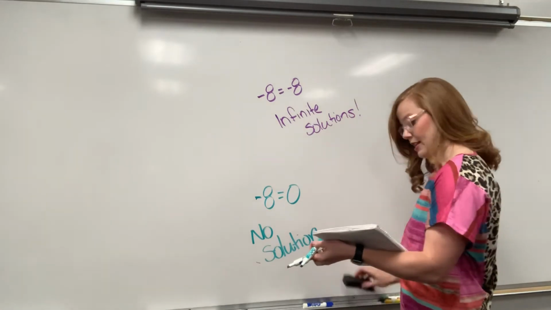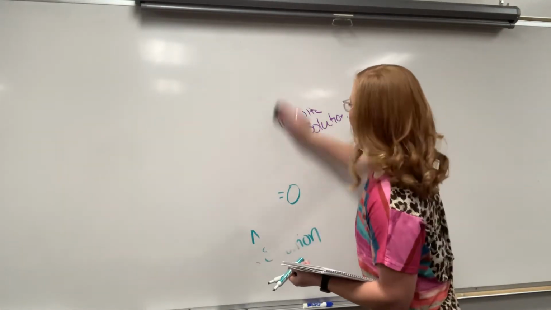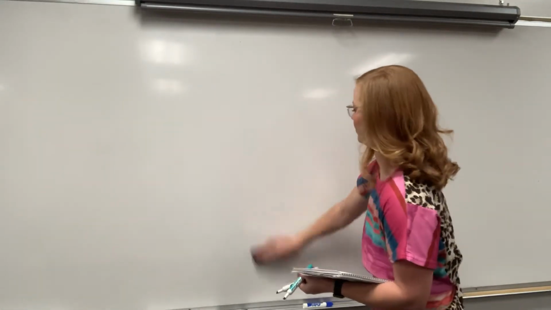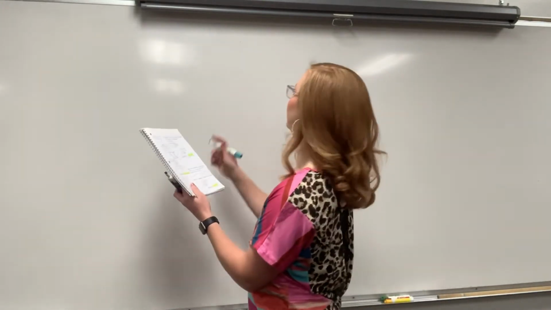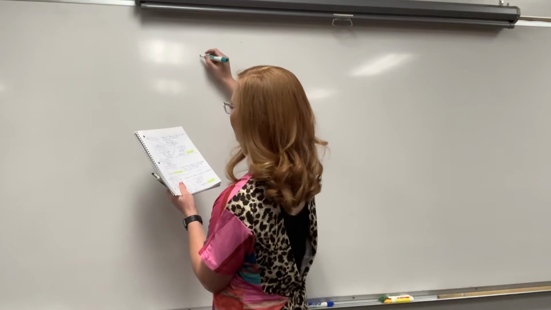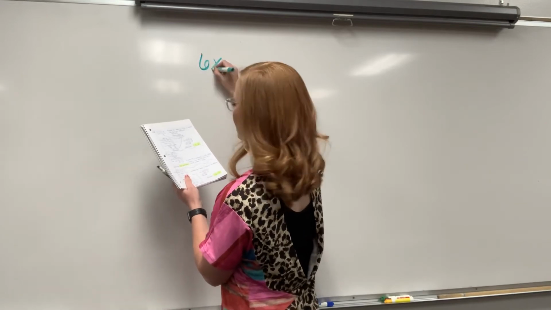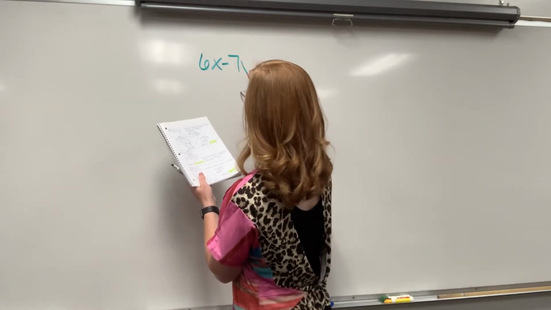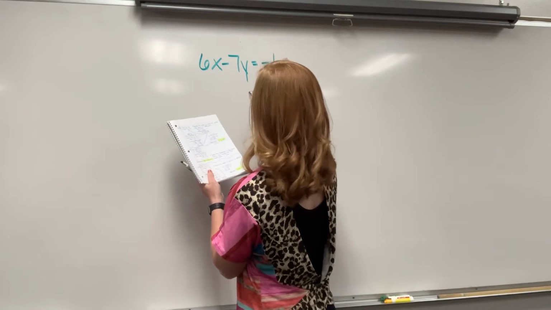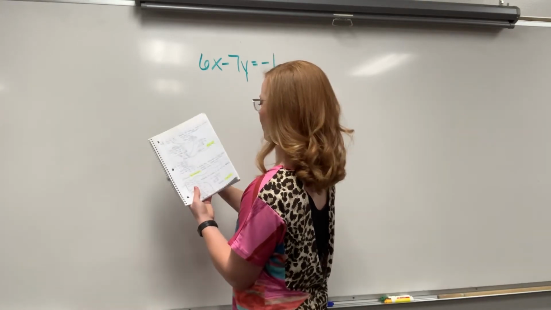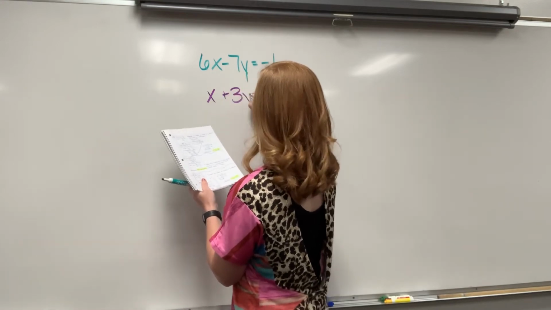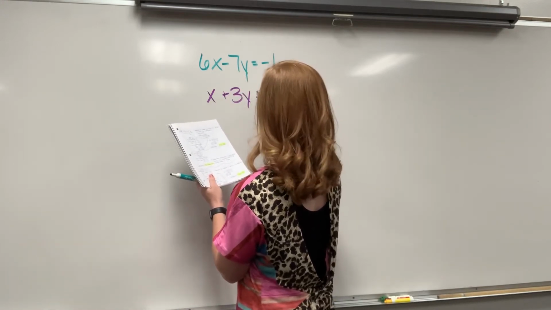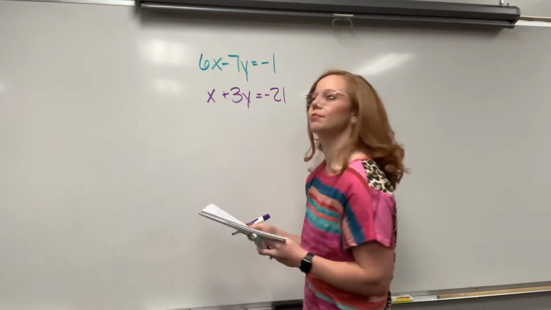Okay? Now let's talk about our last example. Here we go. If I have 6x minus 7y equals negative 1, and x plus 3y equals negative 21.